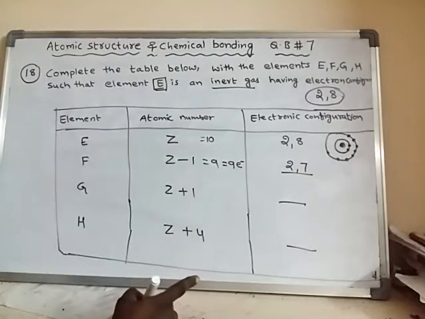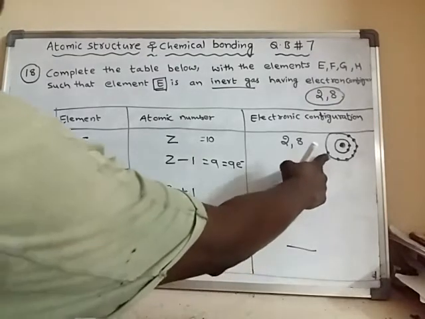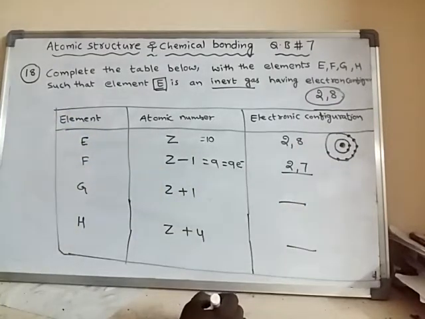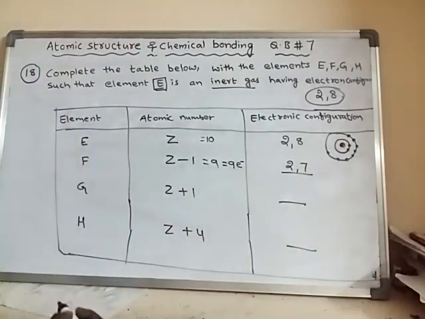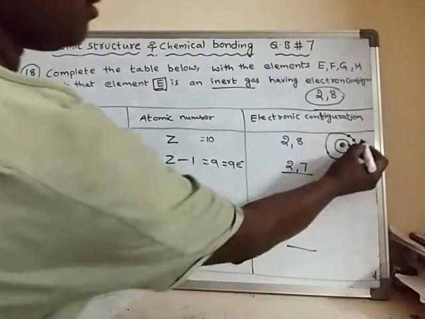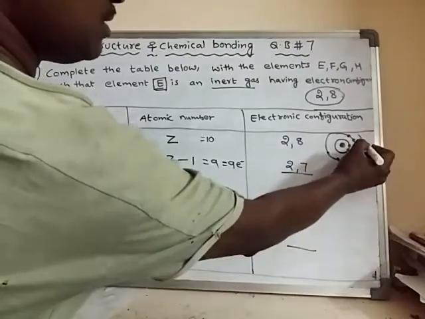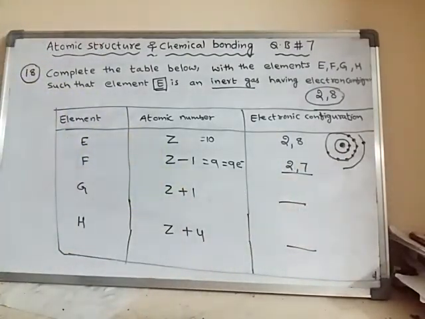So remember that if the outermost orbit is having 8 electrons, then we cannot add one more electron to the outermost orbit in that case. So the next electron will go to the next orbit. A new orbit, or else a new shell, is opened, and into that new shell the new electron will enter.